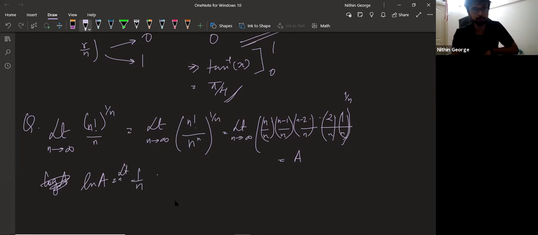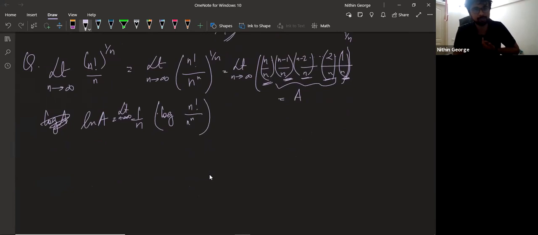Limit n tends to infinity, 1 by n into what? Log of this value, right? Log of n factorial by n power n. But we need summation there. To show the summation is why I wrote it in this form. Log of A into B is log A plus log B, right?